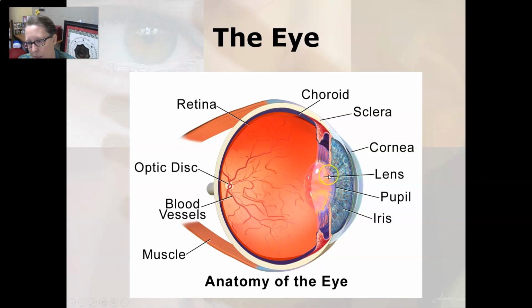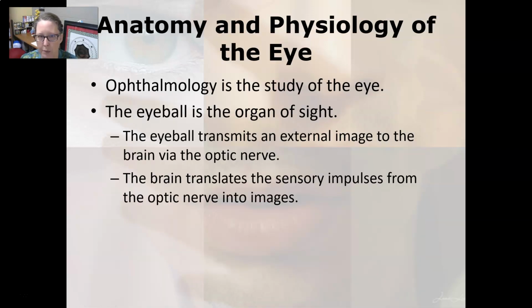Here is the lens, and then we have the pupil, which is the opening of the iris, and the iris gives you your eye color. We have the cornea here, and the ciliary muscles right here that suspend the lens. So anyway, that's a quick little overview of the anatomy of the eye.